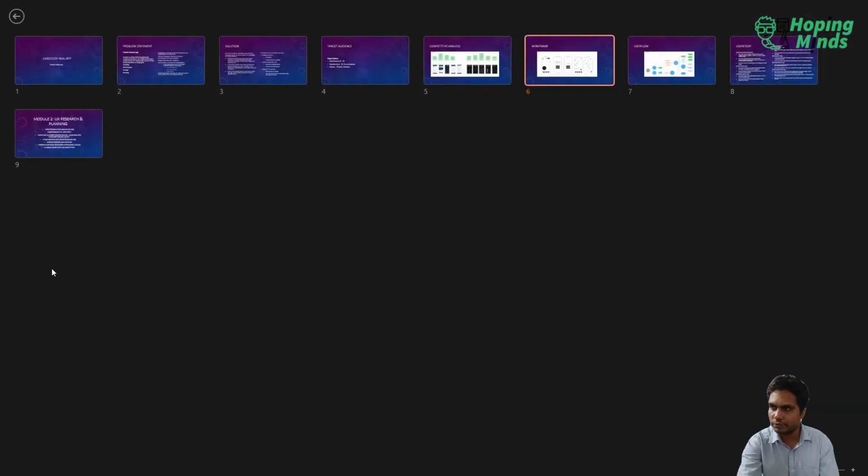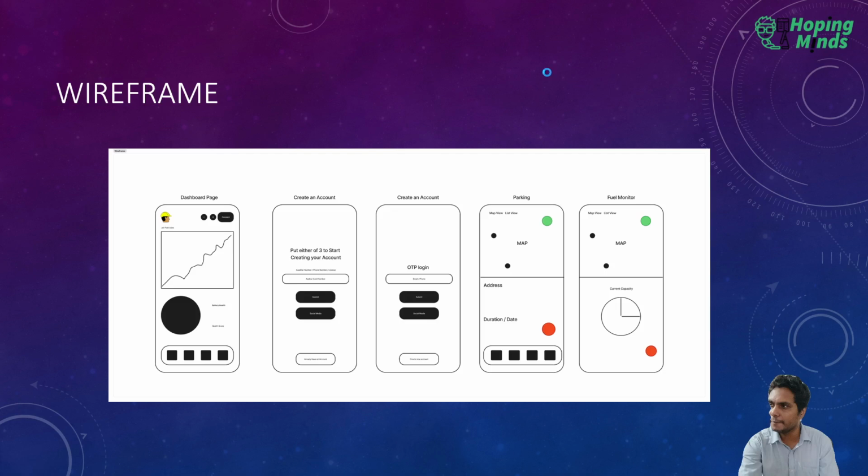So first you have to do the basic wireframe to be able to understand what you're going to design, and this can really help you design better. This would take you, let's say, 1 or 2 hours, creating those wireframes with FigJam.